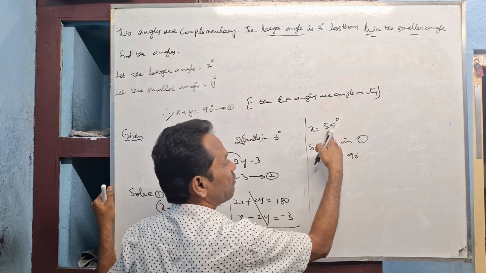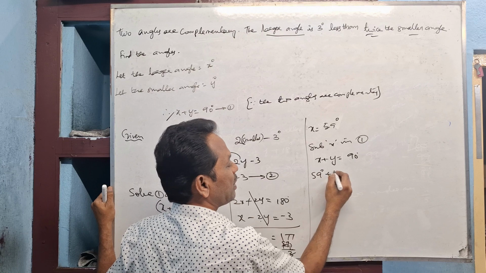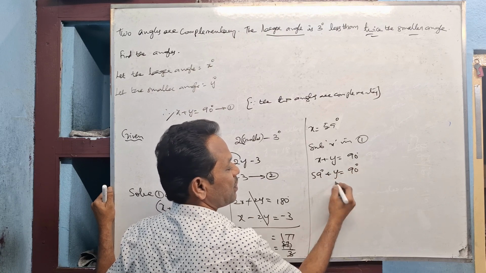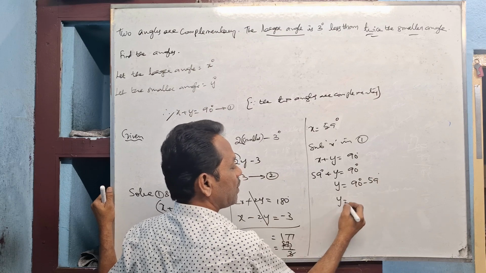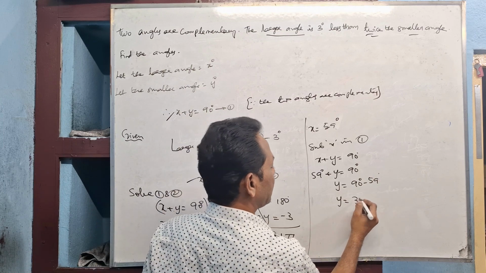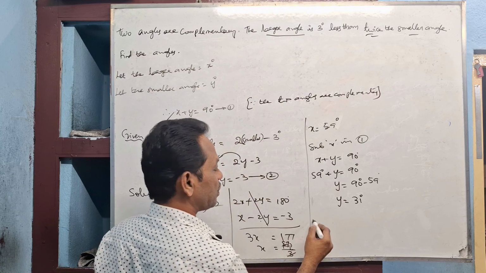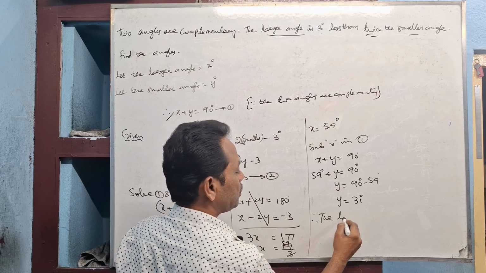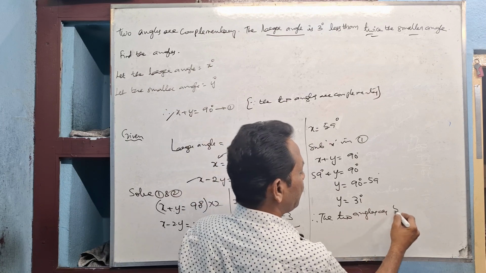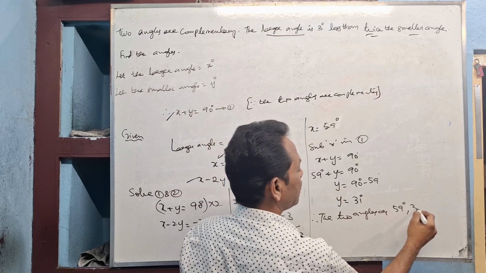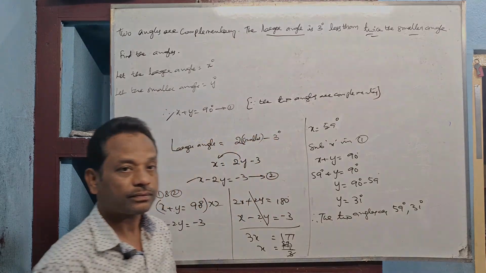So the value of x is 59 degrees. Now we know the x value, so let me put x in equation 1. Substitute x in equation 1: x plus y equal to 90. The value of x is 59, so 59 plus y equal to 90 degrees. So y equal to 90 minus 59, y equal to 31 degrees. Therefore, the two angles are 59 degrees and 31 degrees.